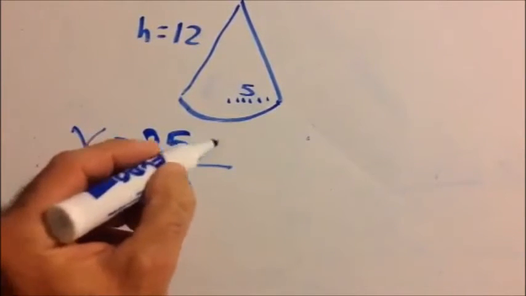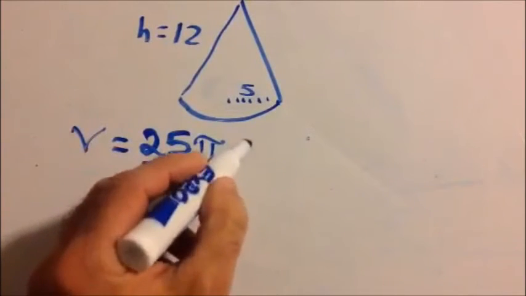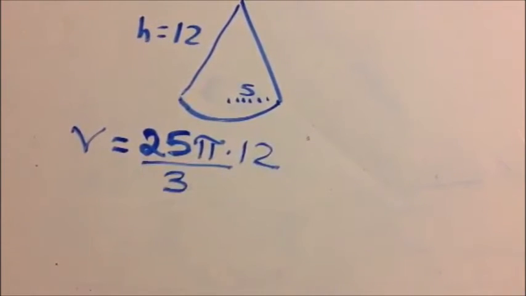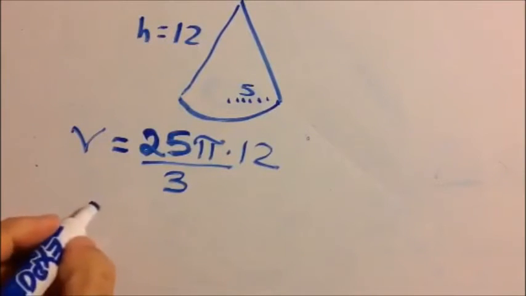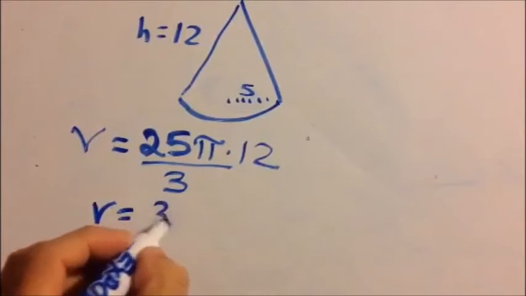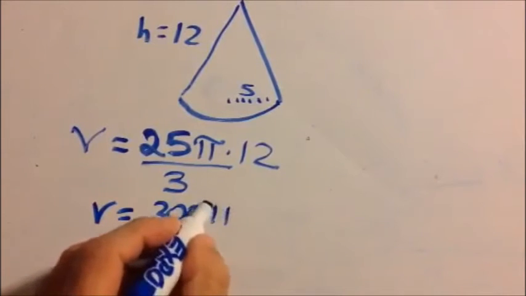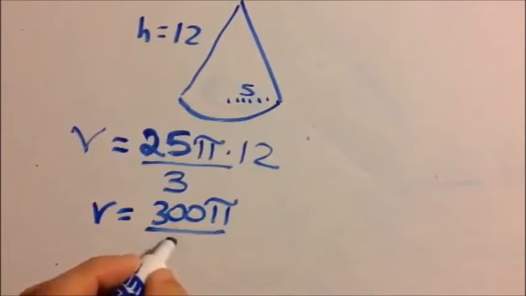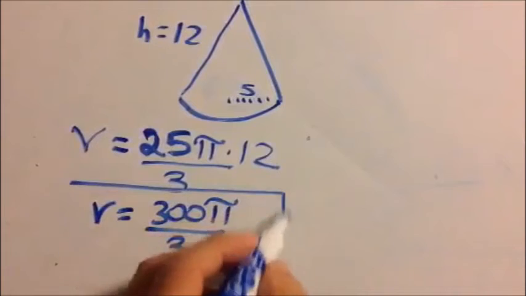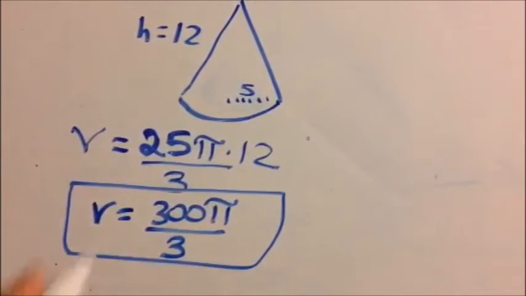We'll leave our pi in here for a minute. And the height is 12. So that's the first part. Okay, so 25 times 12 is 300. So the volume now is 300 pi divided by 3. That's our next step.